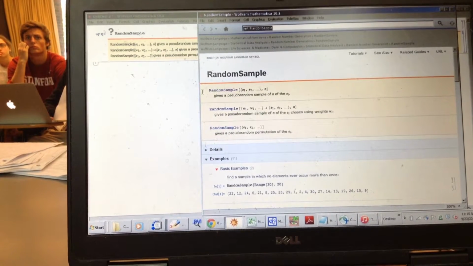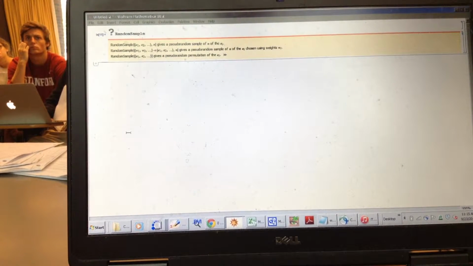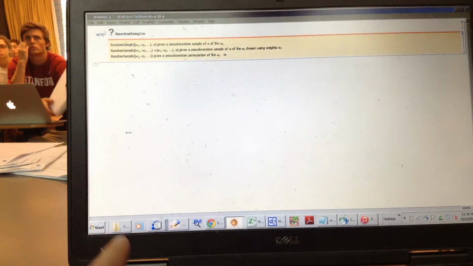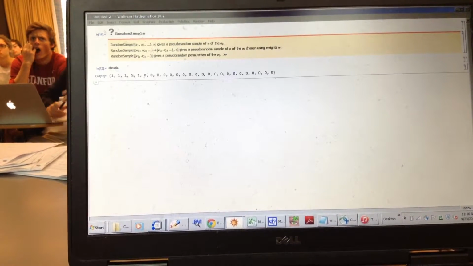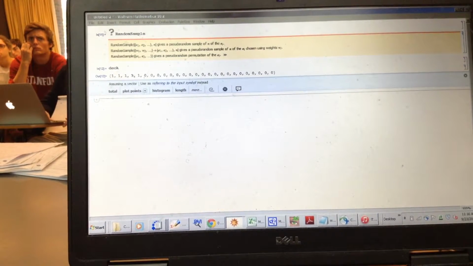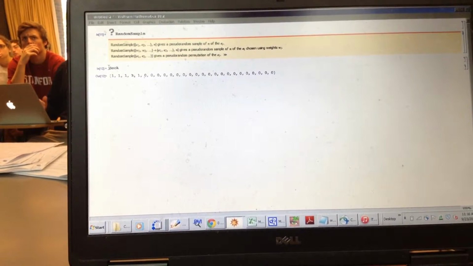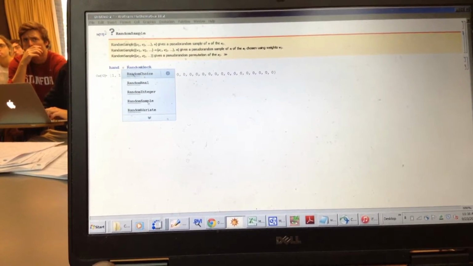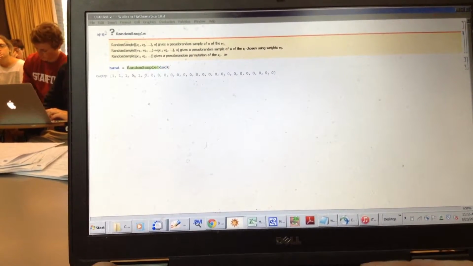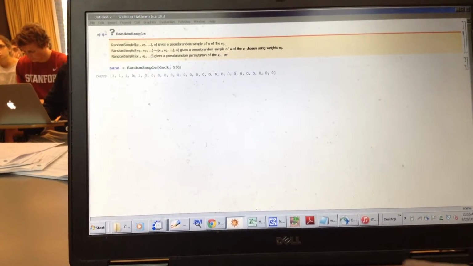So I'm going to test before I actually do my real code. It's always good to have multiple windows open. Try something out first. Let's look at deck. Okay, so deck has surfaces. Are people able to read this? All right, I'm going to make hand be a random sample of deck of size 13.